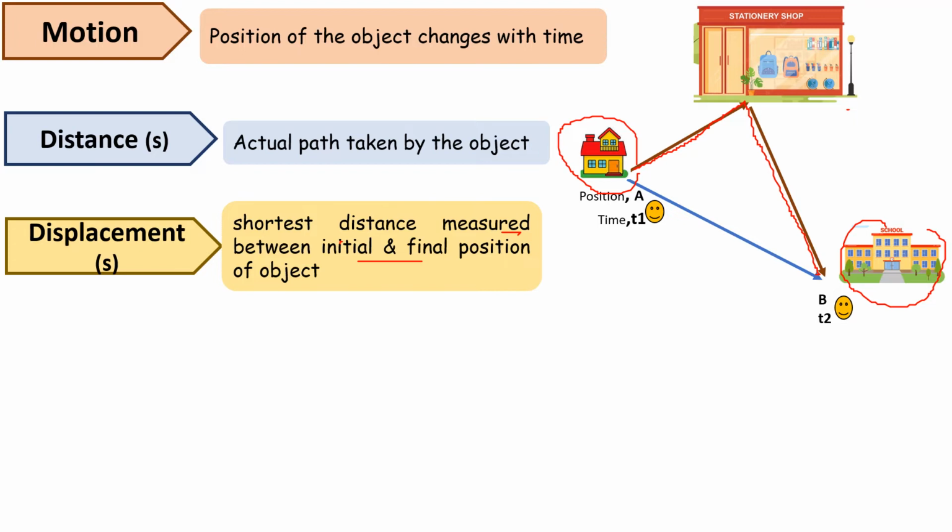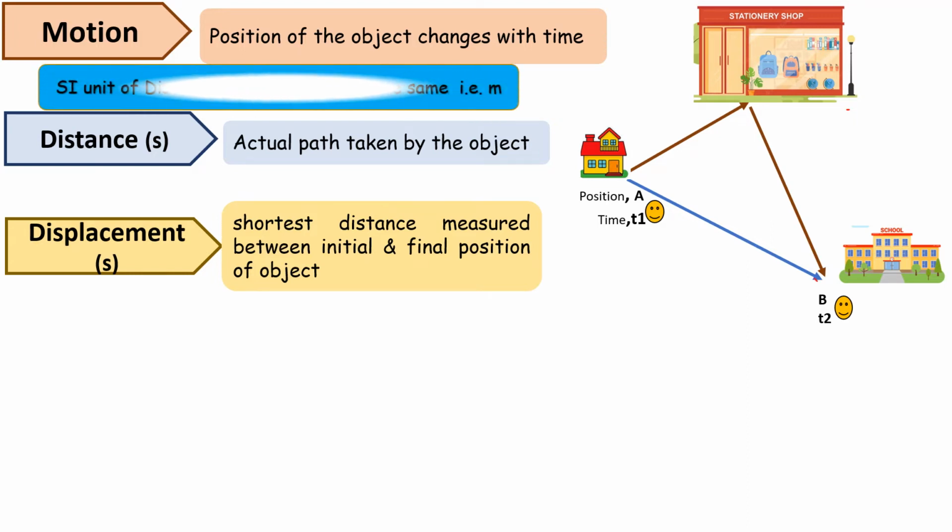So there is a very fine difference between distance and displacement. Distance is the actual path traveled by the object, whereas displacement is the smallest distance between the initial and the final position of the object. The SI unit of distance and displacement is the same, that is meters.